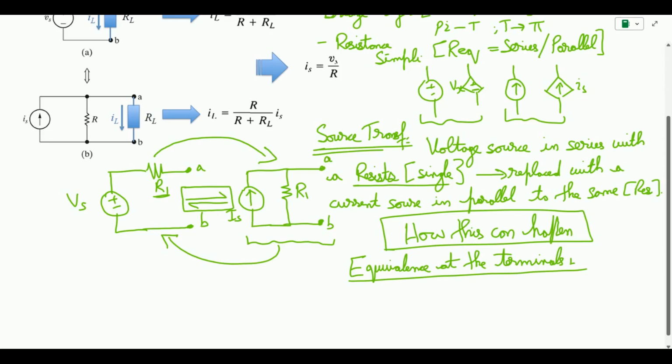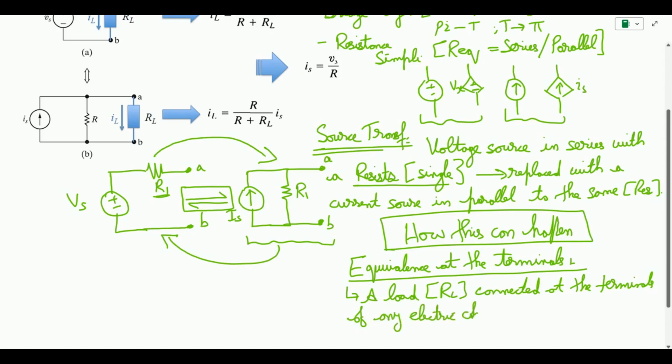It means that whenever we have a load resistor or any load, normally called RL, connected at the terminals of any electric circuit, we will observe that the voltage drop and the flow of current will be the same.